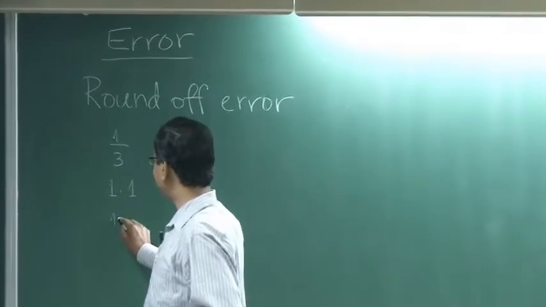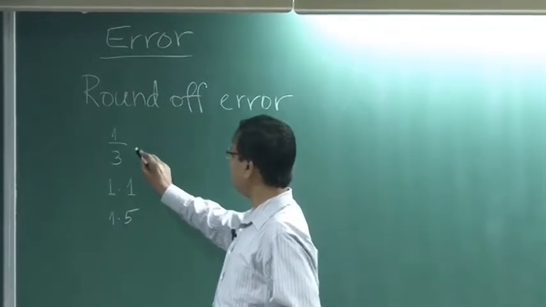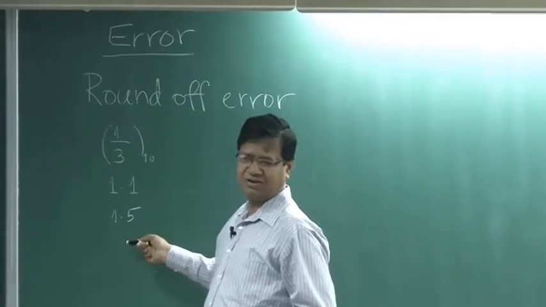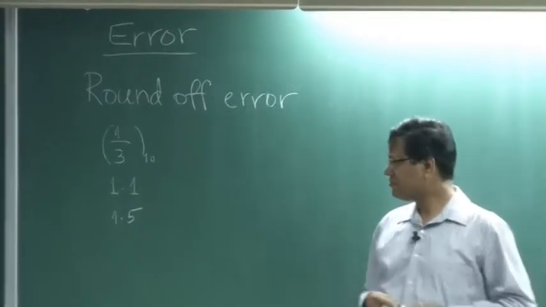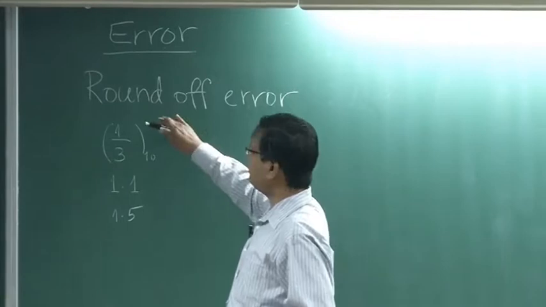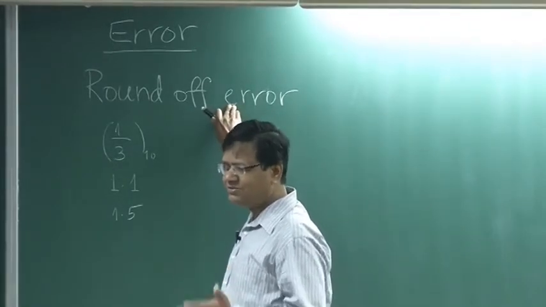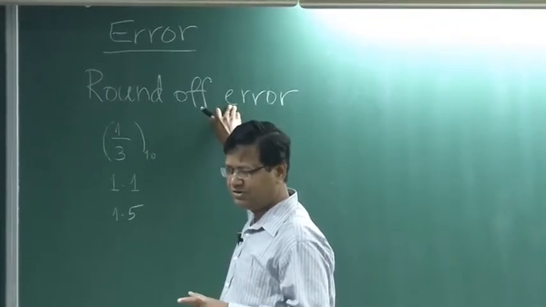Can 1.5 be put inside accurately? Decimal 1.5. So, round off error is critical. You must understand how much the accuracy is, and how we are storing in the computer.